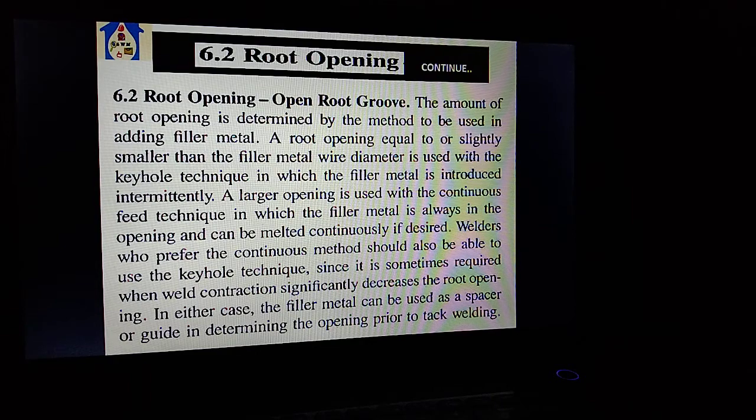In either case, the filler metal can be used as a spacer or guide to determine the opening prior to tack welding.